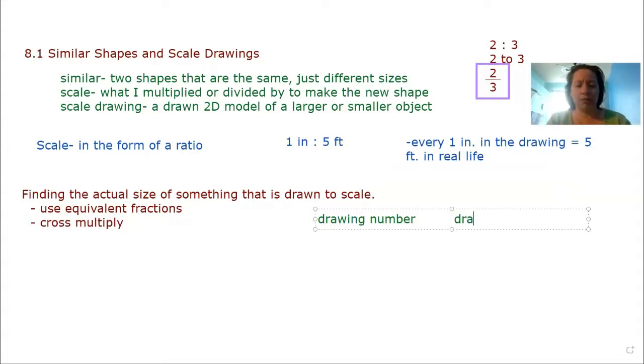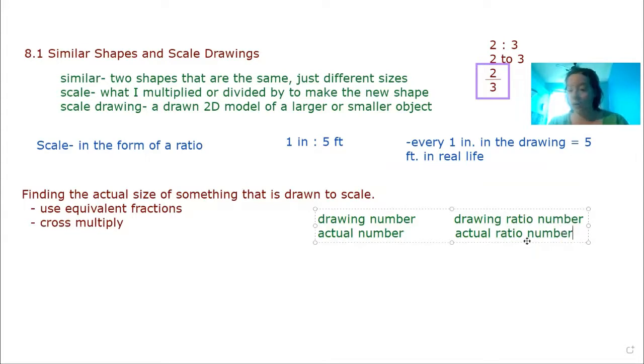It is drawing number over the actual number, and the drawing ratio number over the actual ratio number. Sorry, I got these confused.